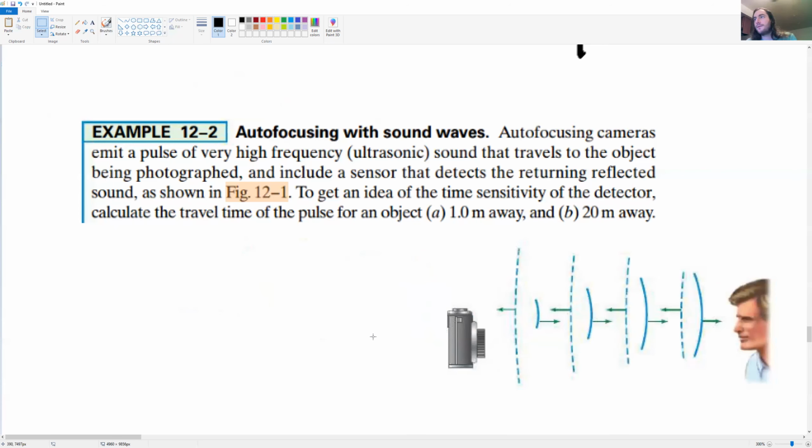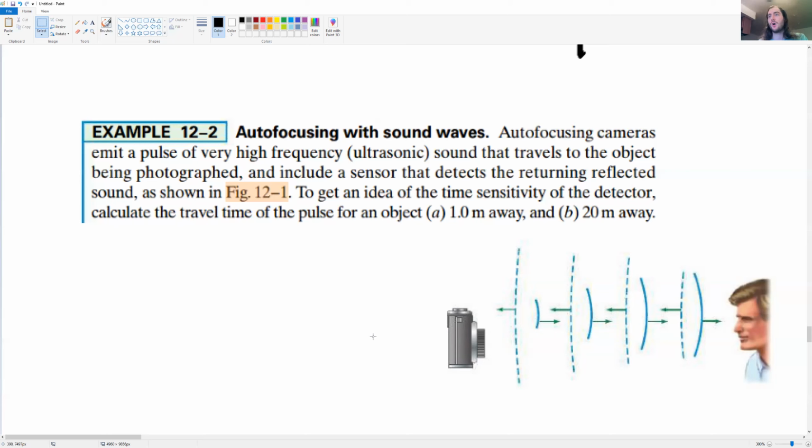To get an idea of the time sensitivity of the detector, calculate the travel time of the pulse for an object 1 meter away and 20 meters away. By the way, you can assume room temperature here for this problem. I notice it does not tell you what to use for the speed of sound.